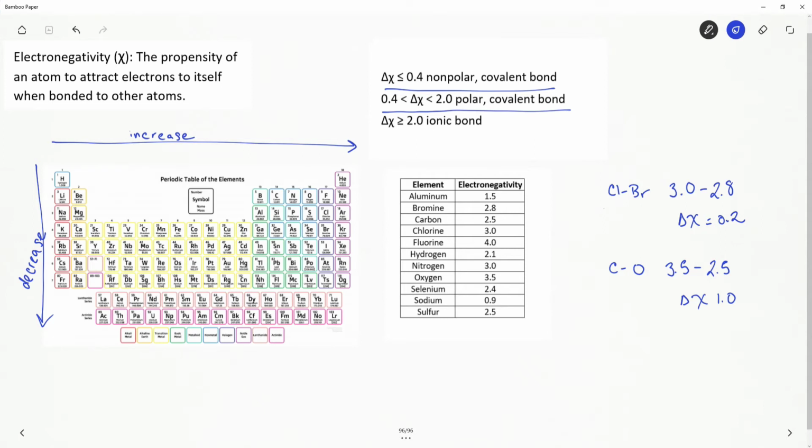If we look at table salt, sodium bonded to chlorine, chlorine has a value of 3.0. Sodium has a value of 0.9. Our delta chi is 2.1, which is definitely an ionic bond.